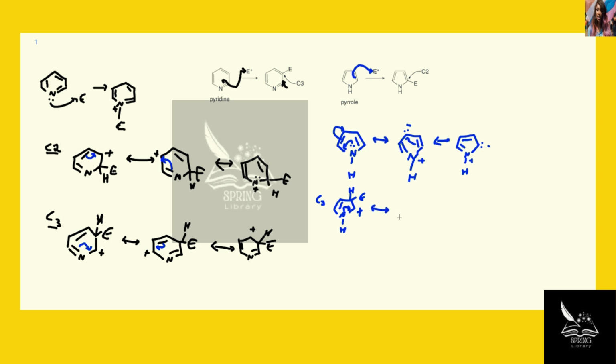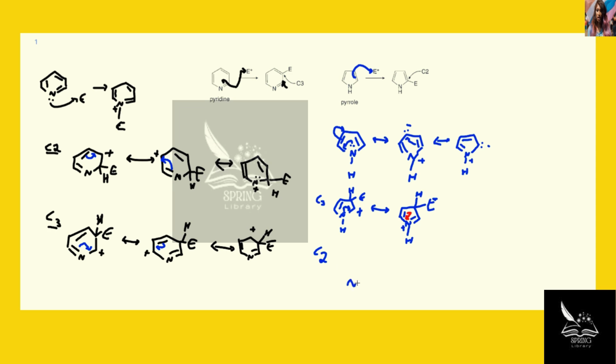But then all of a sudden, that will put a positive charge on nitrogen, which in the case of pyridine, we determined is not favorable. And if I move this pi bond here, I just get back the original structure which we initially drew. So there are 2 resonance structures if we have attack on carbon 3, but what about attack on carbon 2? And one of those resonance structures on attack on carbon 3 has a positive charge on nitrogen, which we already determined is not stable.